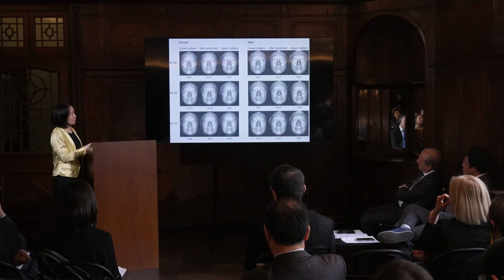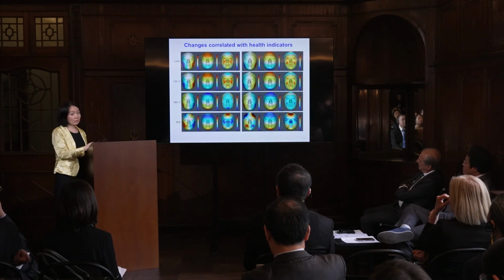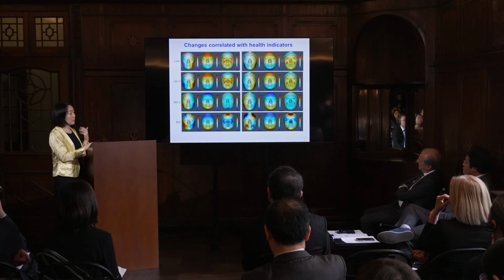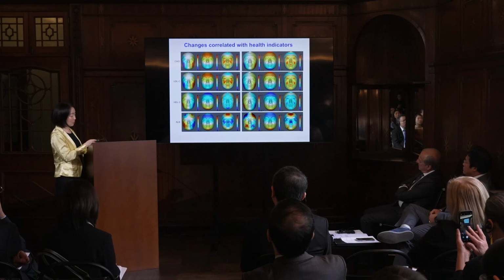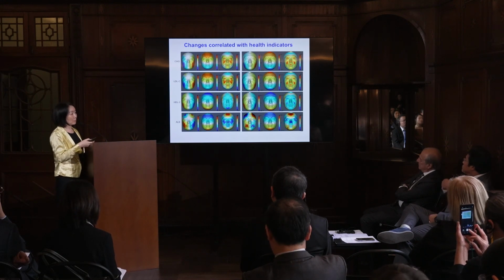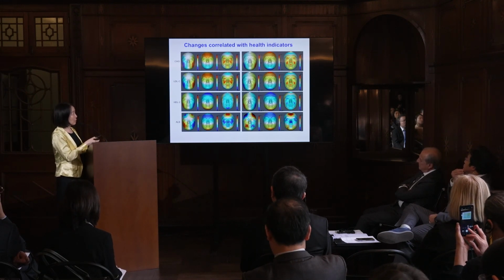Not only is aging written on the face, but other molecular markers can also be detected on the face. For example, cholesterol level shows a somewhat similar pattern with aging.